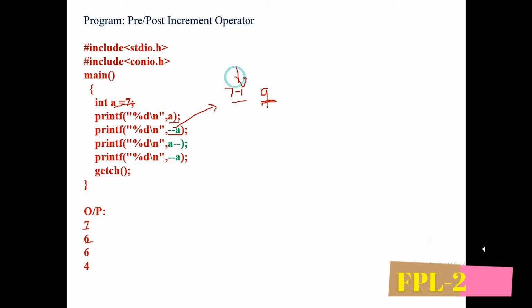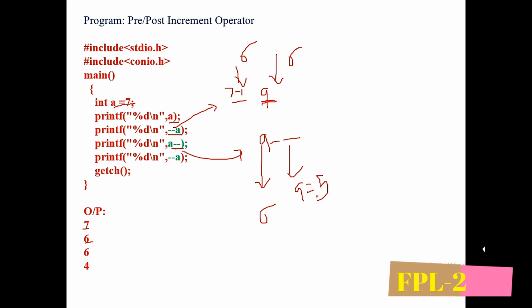This gets stored in a, that is 6, and then we print the value of a, that is 6. Now for a minus minus, first you print the value of a, which is 6, and then you decrement the value of a. Now a is 6 minus 1, that will be 5.